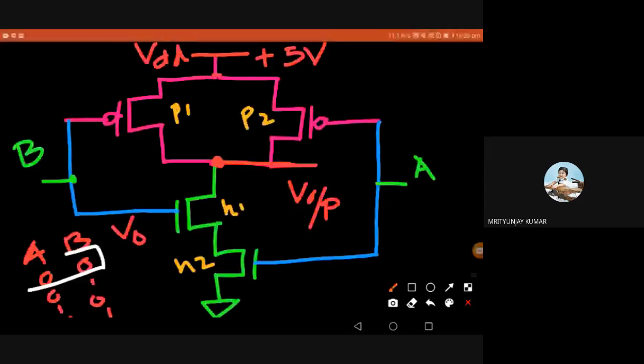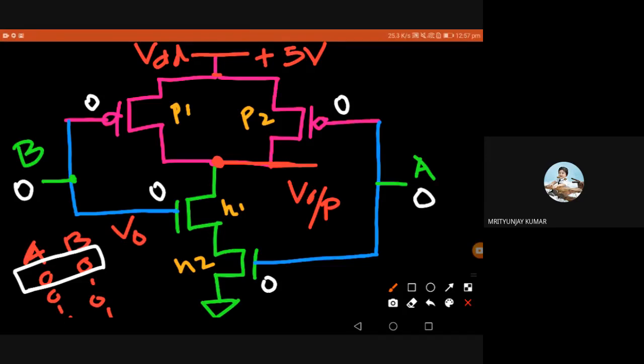Now B is 0, so this B input is given 0, and A input is given 0. So the top P1's control input is 0, and N1 is also given 0. P2 is also getting 0, and N2 is also getting 0. We know PMOS is on when its control terminal is 0.